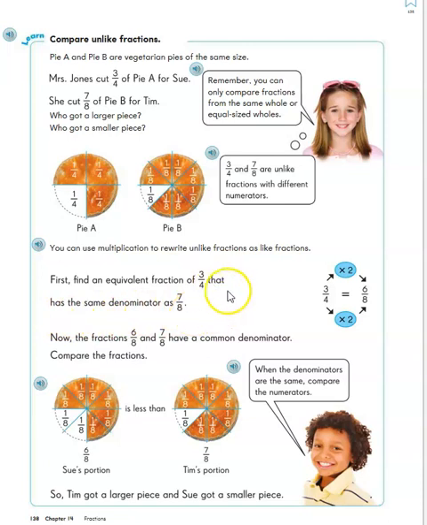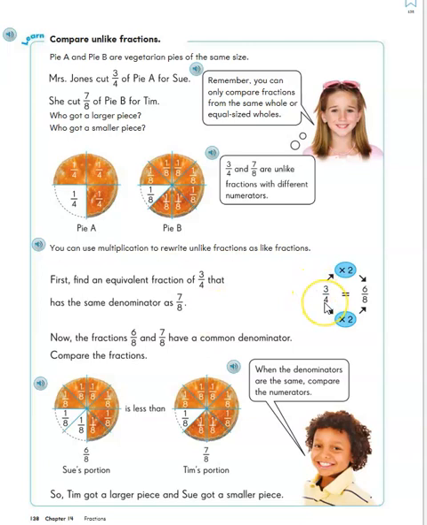So when we look at 3/4, we can tell that all we would have to do to that 4 is multiply it by 2, right, guys? Because we know that 4 times 2 is 8. So we want to get it to have the same denominator as this 7/8 so that we can compare them easily.